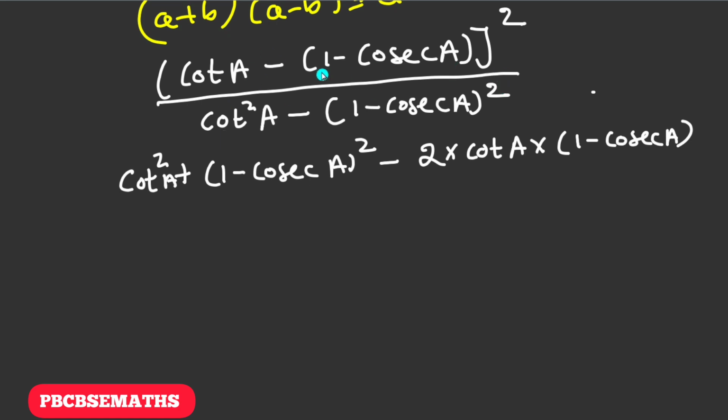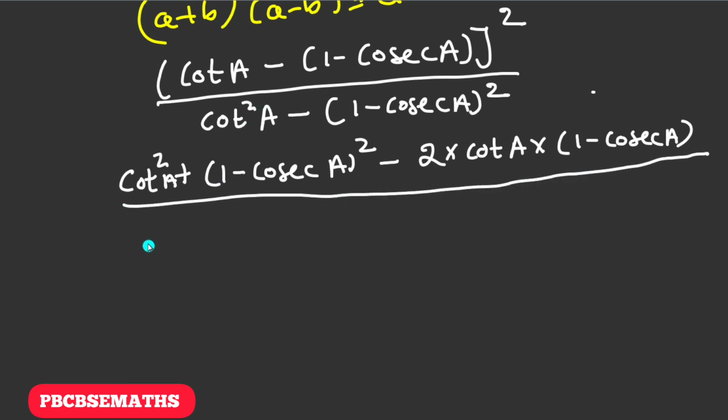This is the expansion form of this numerator part, whole divided by this one. Let's keep this cot square A as it is, minus into bracket, let's expand this (1 minus cosec A) whole square.